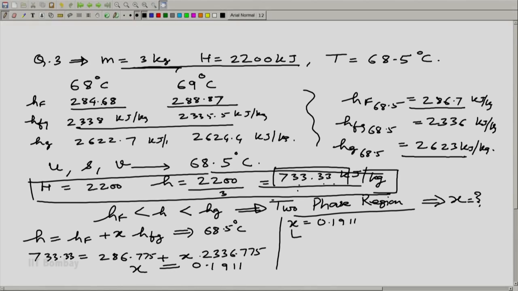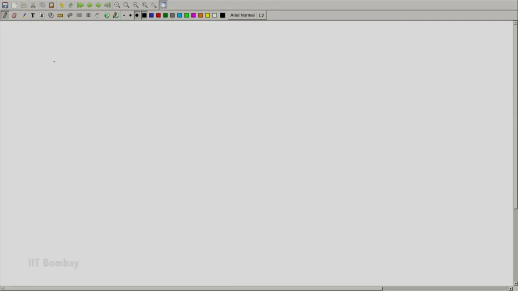Once I get the value of x as 0.1911, I can use the same approach to calculate u, v and s using u equal to uf plus x times ufg, v equal to vf plus x times vfg, and similarly s equal to sf plus x times sfg. Okay, let us go to the next page.